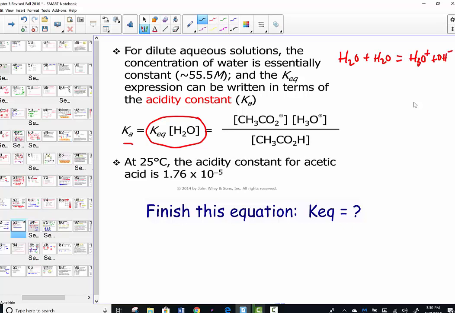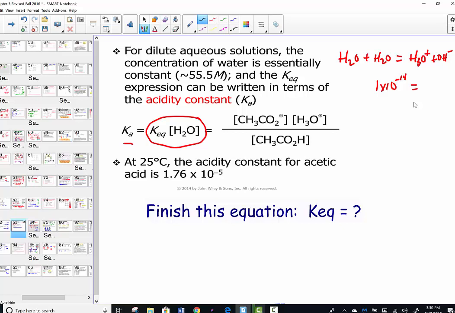The molar concentration, if you derive 1 times 10 to the negative 14th, which is the Kw constant for water, you can derive that value of 55 molar. So I won't go through that with you for now, but I'm just sharing where that comes from. It's a mathematical expression solved using Kw, letting x represent the ion concentrations.